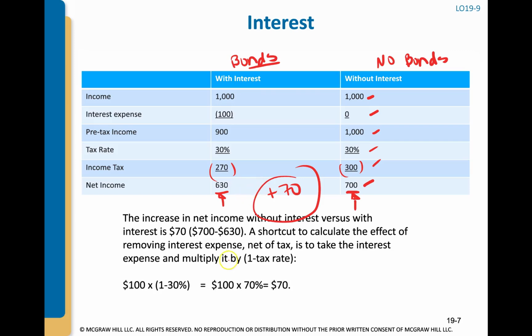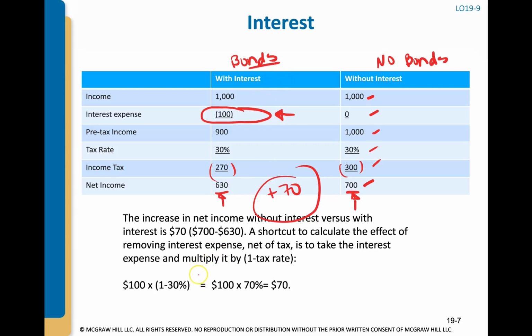The reason I'm showing you this is because there's a shortcut to calculate the interest elimination of a convertible bond, because you have to take into account the tax effect of this interest expense. Now that you don't have that interest expense, not only is your pre-tax income going to go up, but your income tax expense is going to go up, which makes your net income go back down.